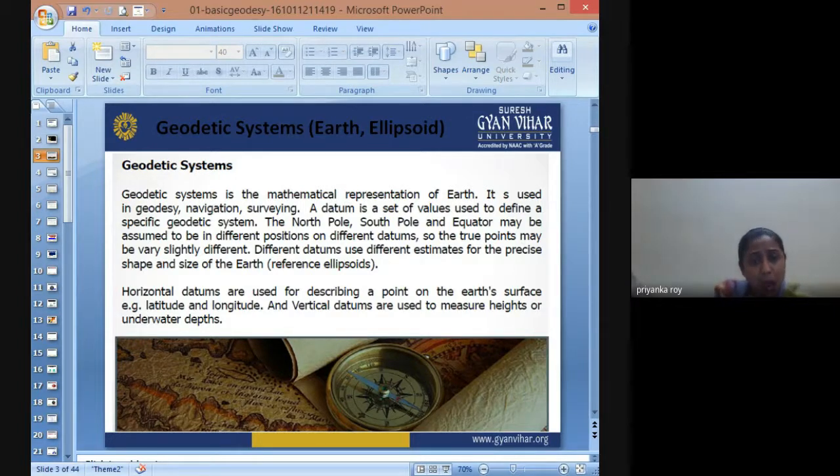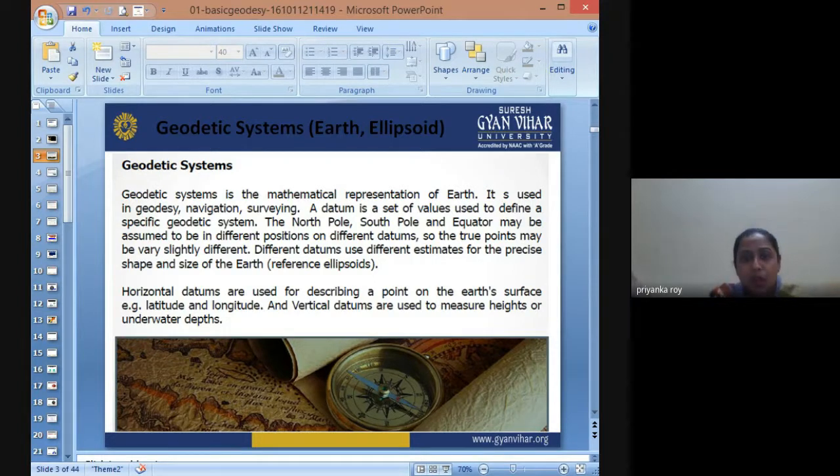It defines how the geoid system is specified. The North Pole, South Pole, and equator may all be assumed to be at a different position on a different datum. So every datum technique will have a different positioning of the North Pole, the South Pole, the equator, or any land feature.